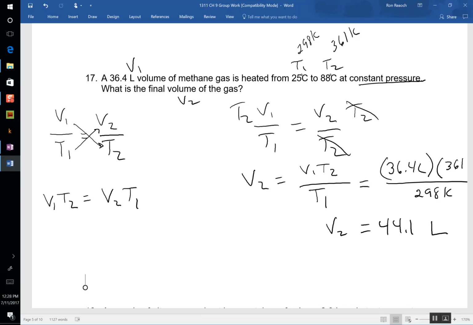And now you have a representation of Charles' law that looks a lot like Boyle's law. It's not pressure and volume, it's volume and temperature, but you don't have any parameter that's in the denominator. So this is also Charles' law.